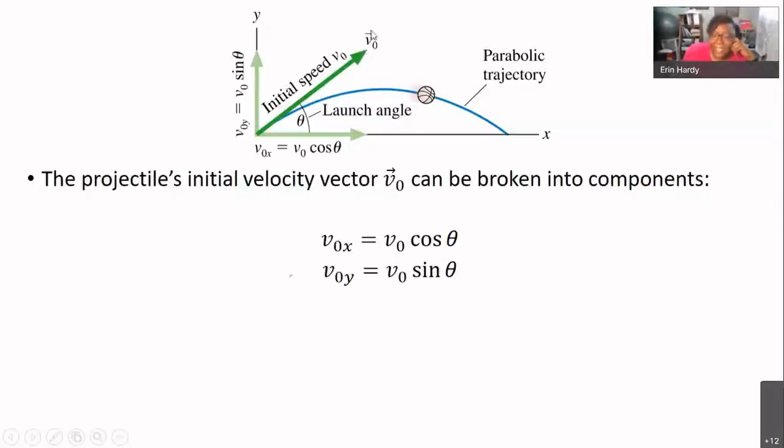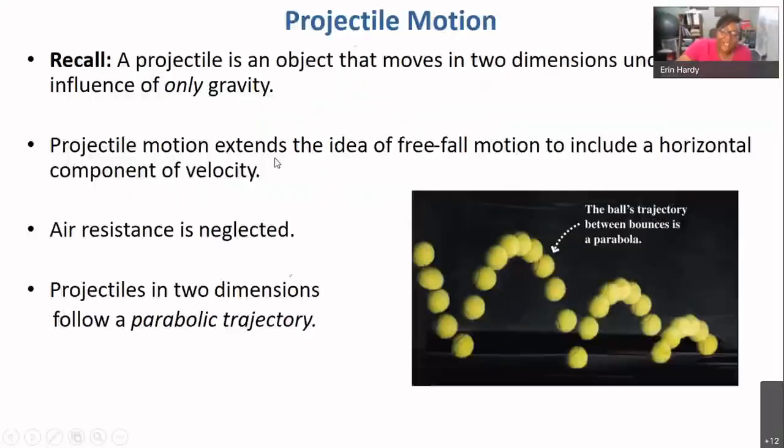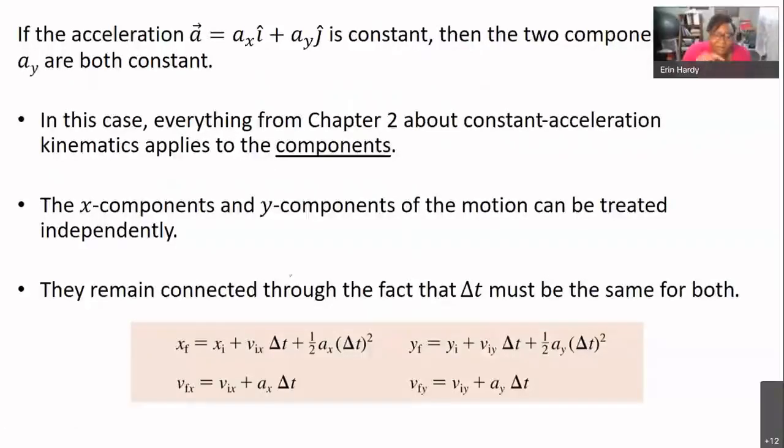Sometimes you will see, I tend to use v initial for this instead of v0, but v0 just means at the beginning of your experiment. Imagine when you are turning on your stopwatch to analyze whatever event you're trying to understand. So the point is that we can take that vector, decompose it into an x and a y component, and the magnitudes of those components can be plugged into the kinematic equations at the bottom of this slide that we saw a bit earlier.